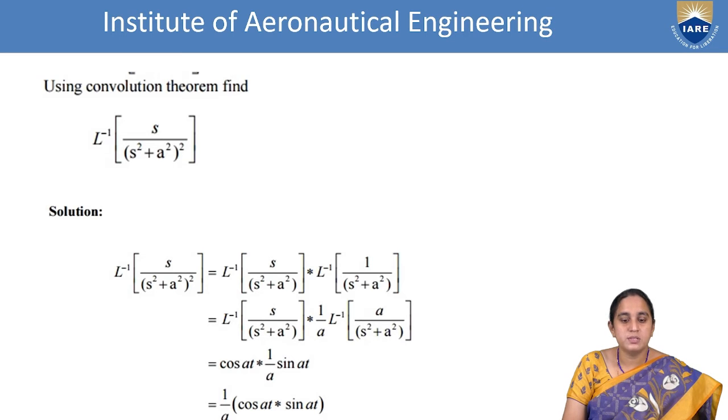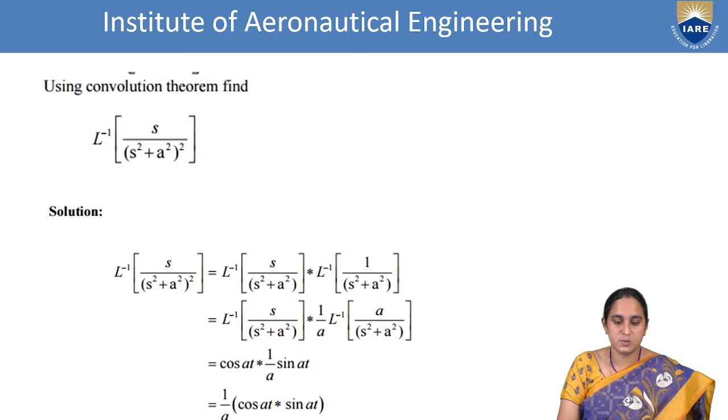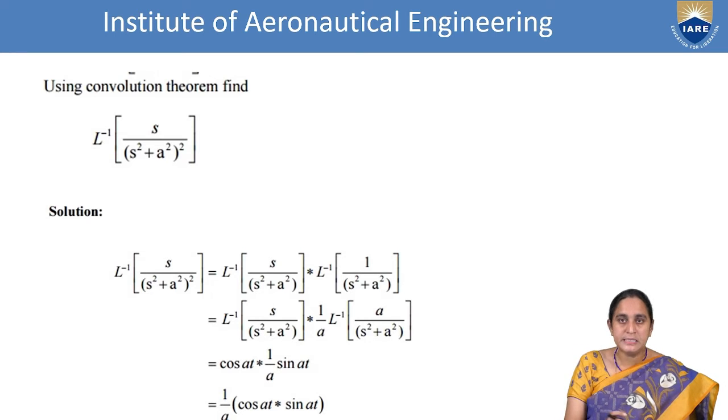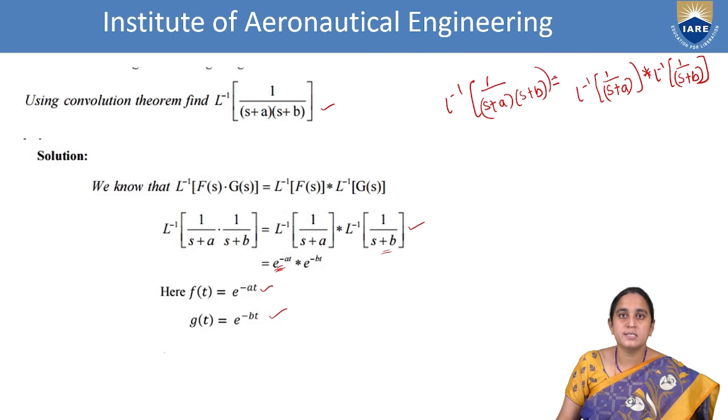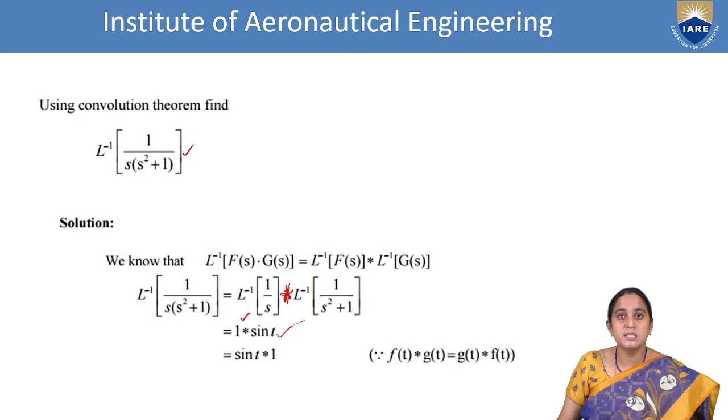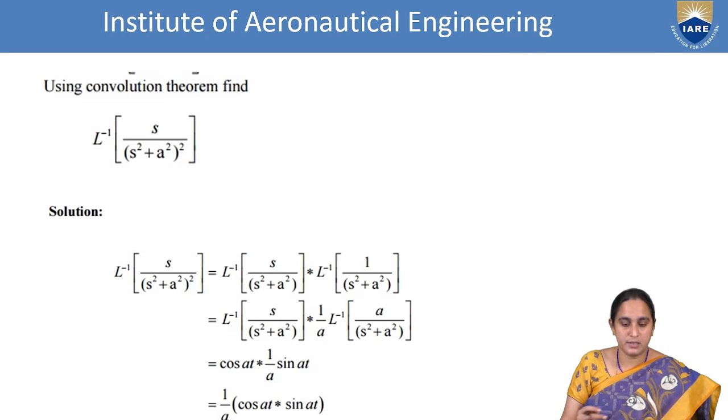It is the same as the previous questions, but it is difficult compared to both. Why? Because in the last two questions there is no numerator part, but here in the third question the numerator is s and the denominator is s square plus a square whole square. For that case, how to solve, I'll explain clearly here.